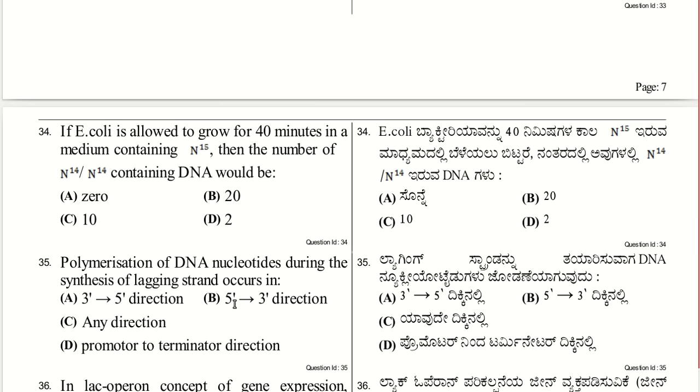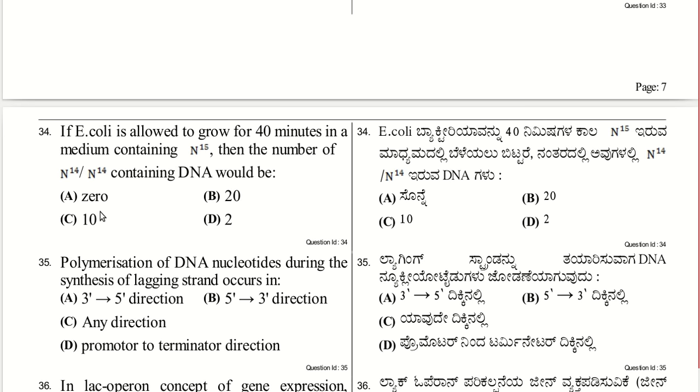If E. coli is allowed to grow for 40 minutes in a medium containing nitrogen 15, then the number of N14 containing DNA would be 0, because they are placed in a medium with nitrogen 15. So N14 DNA possibility is 0.